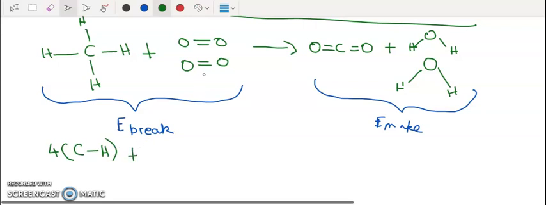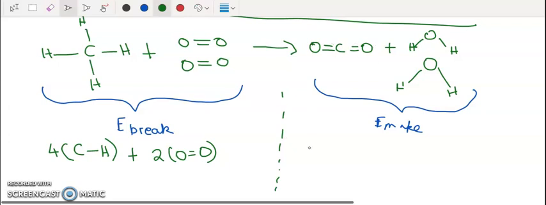And we've got 2 double bond O's. So we're going to put 2 double bond O. And on this, I'm just going to put a little break so we don't get confused. And we've got 2 because this is 1 and this is 1.